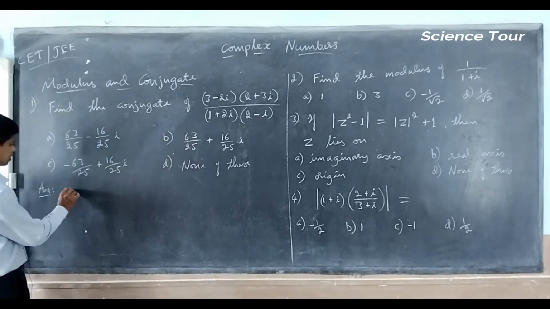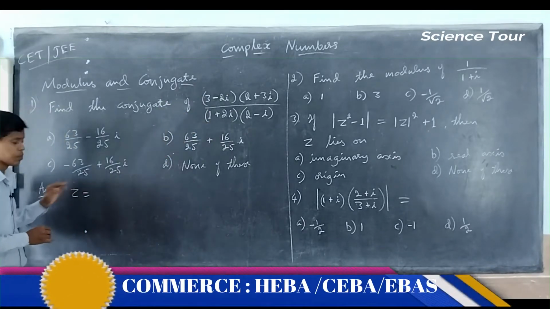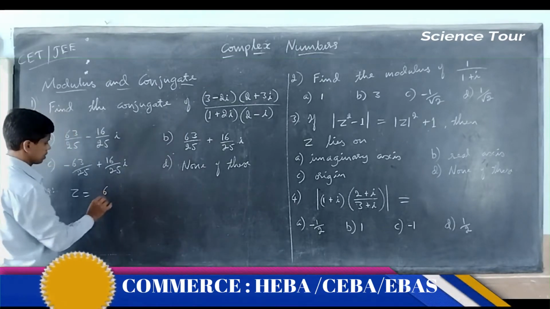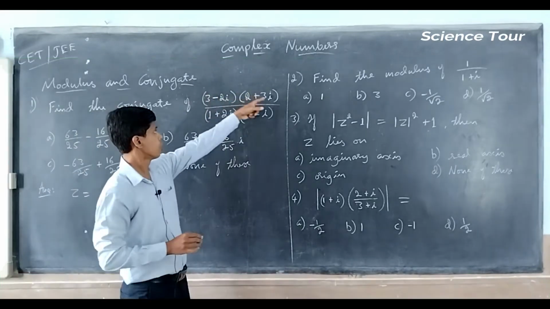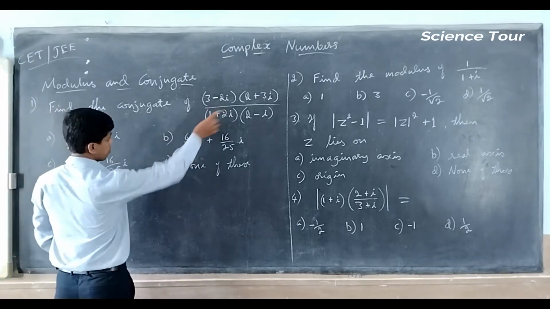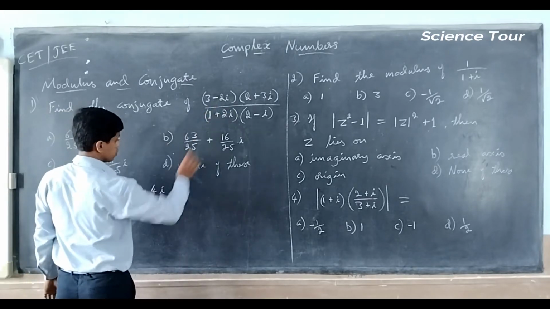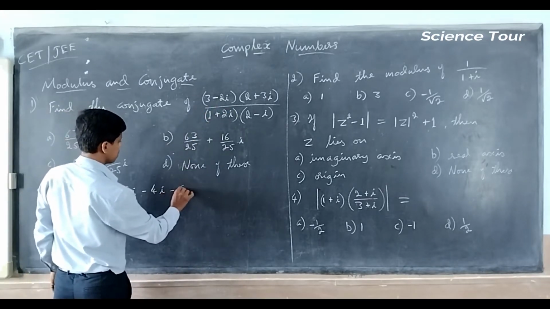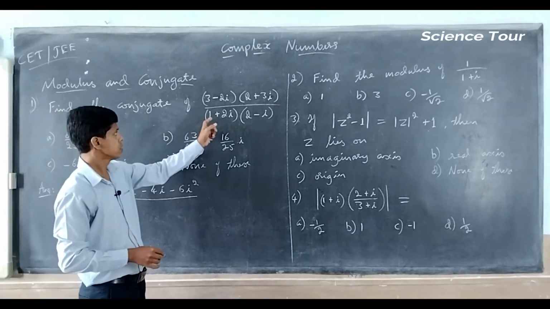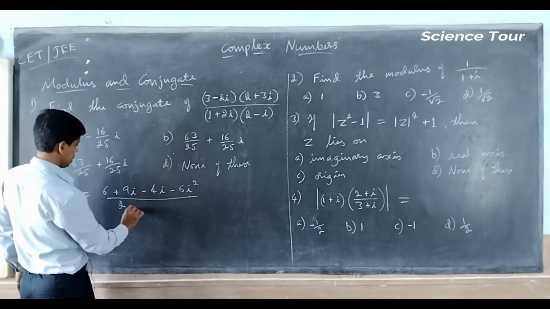Well, so let me consider that as z, okay, and then let me multiply it. Let's not write that again here. So directly I will write the answer of the multiplication. Okay, so 9i and then minus 4i, and then you have got minus 6i square, and divided by 2 minus i.